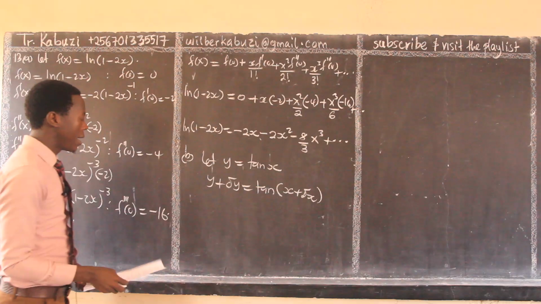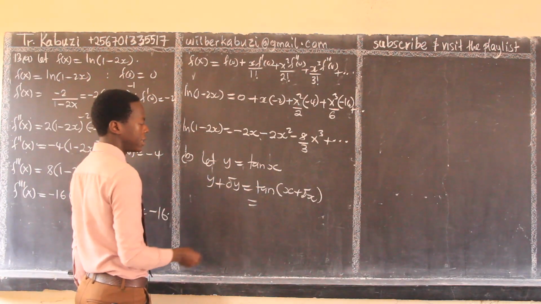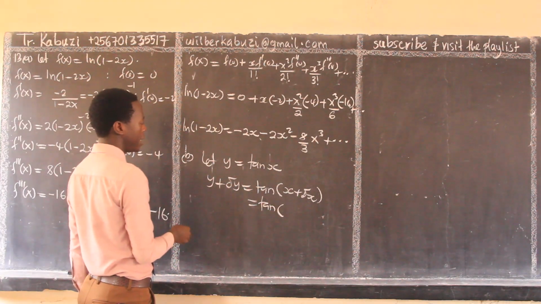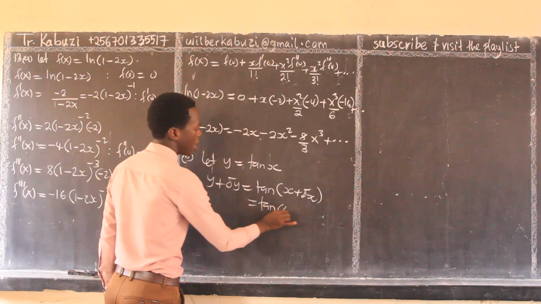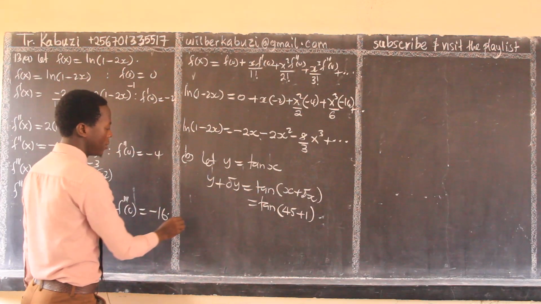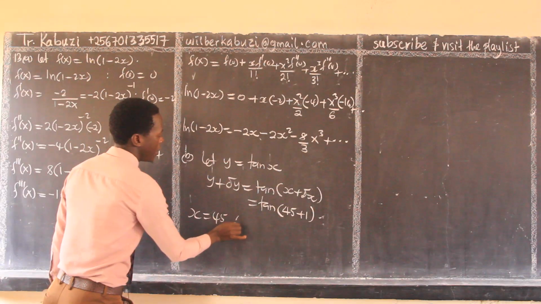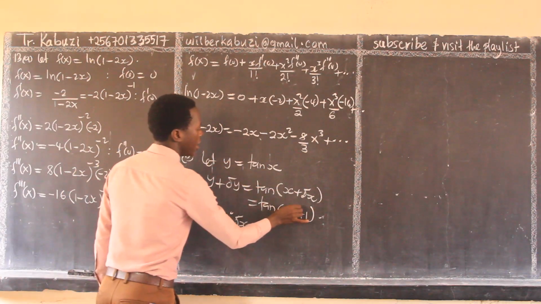Now from there, remember, if I compare these two with my tan of 45, my tan of 46. Tan of 46, the special angle there is 45 plus 1. So if I compare those two, that's that my x is 45, then my delta x is 1. All these are degrees.